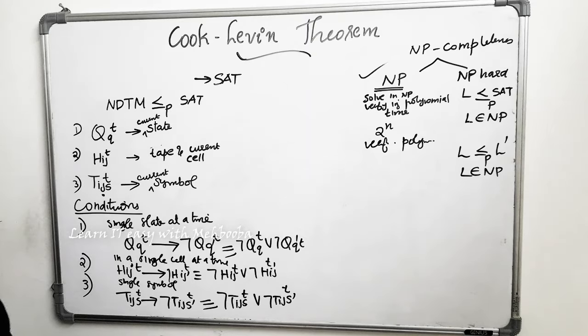Now we will see how we can write the transition functions of the Turing machine in the form of equations.